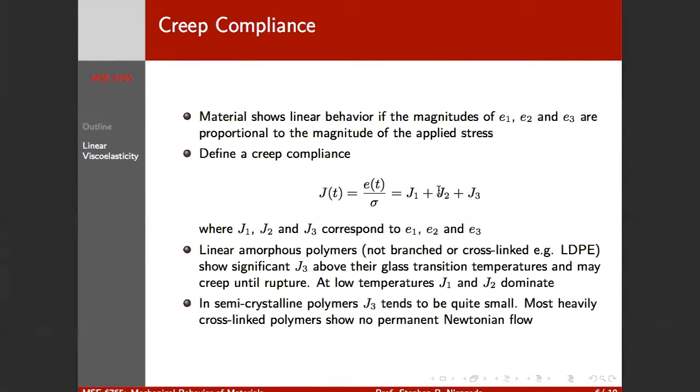In semi-crystalline polymers, this permanent plastic set tends to be very small. And heavily cross-linked polymers show no permanent Newtonian flow, to an approximation. You don't worry about your car tires getting a flat spot when you leave it in the parking lot for a day or two. But if you leave a car sitting for a year without driving it, those tires are trash, right?